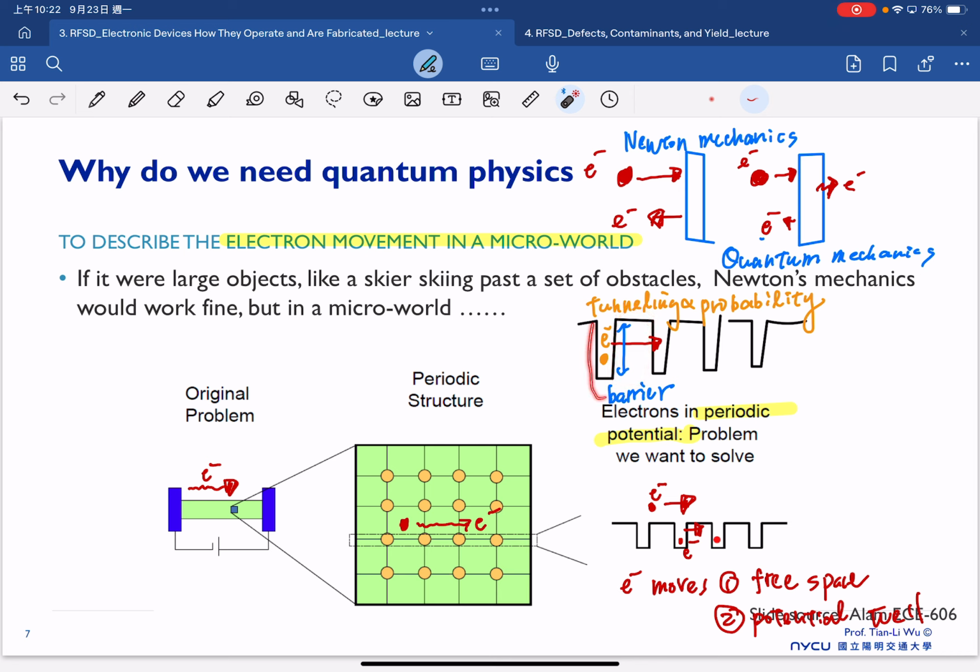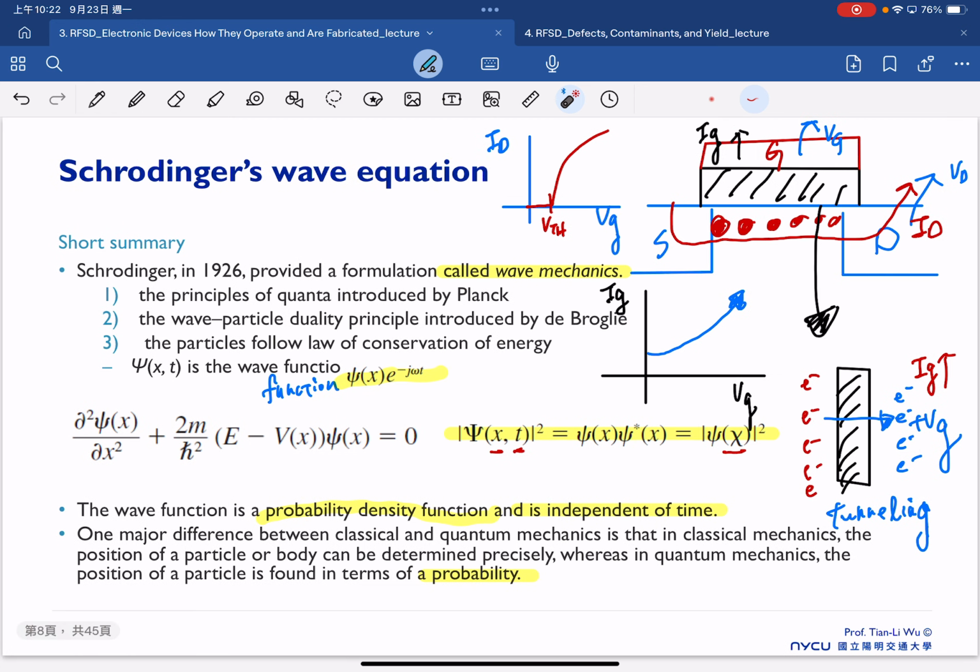Now we are trying to understand the electron movement when the electrons face one barrier. So now we can finally understand why, even with a thin insulator, we can still have a gate current here, and that also reflects our measurement result. So all of these can possibly be explained by quantum mechanics.